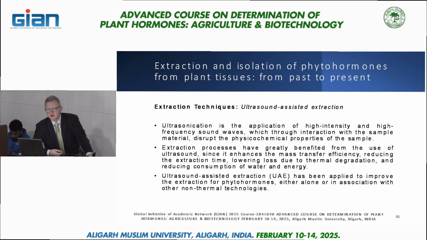One of the main advantages of ultrasonication is its ability to reduce extraction time while improving hormone recovery. It also enhances mass transfer, making it particularly effective for extracting hormones from tough or fibrous plant tissue.